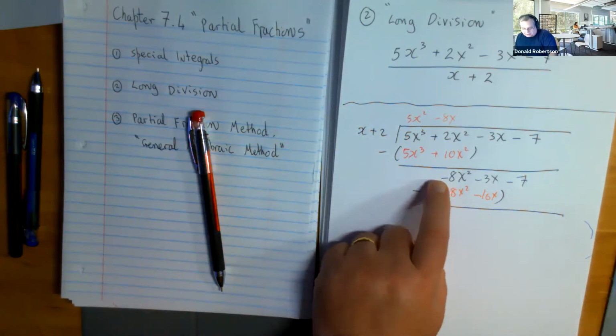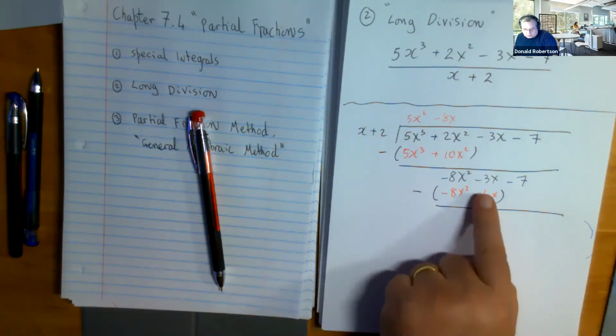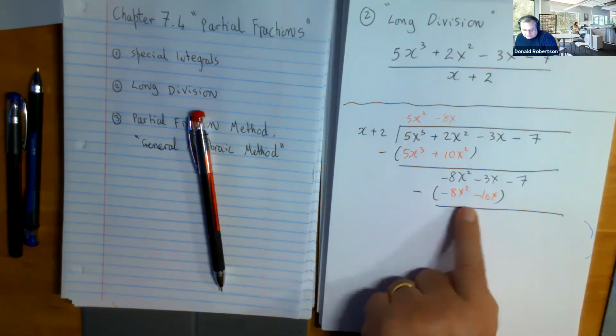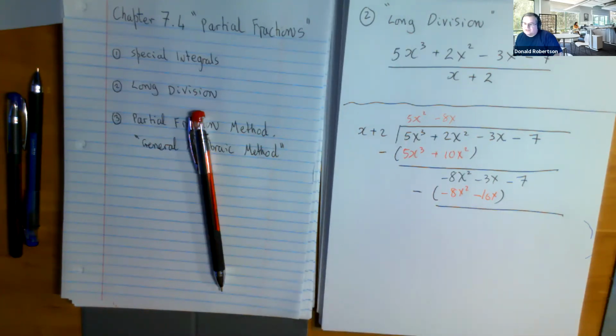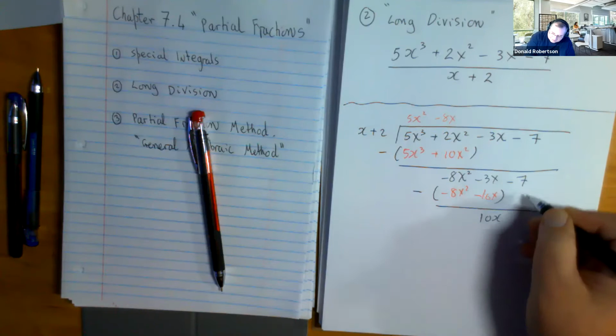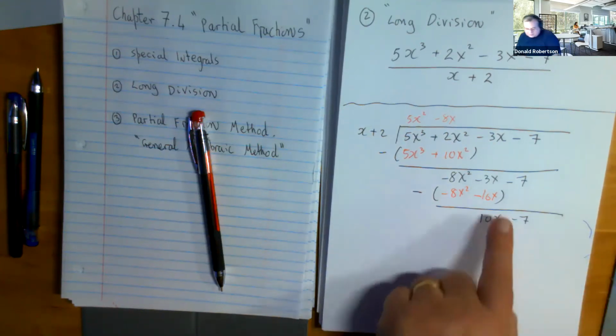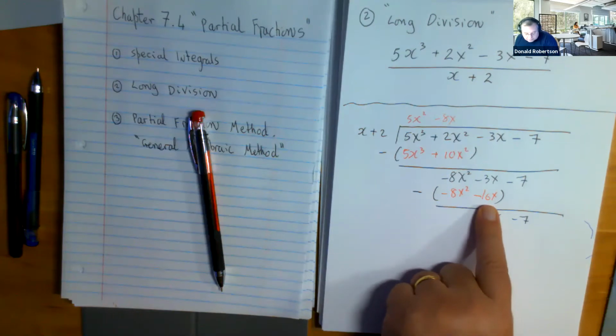Negative 8x squared, subtract negative 8x. Isn't that adding 8x so they kill each other off? Bit messier the next one. Negative 3x, subtract negative 16x. That is negative 3x add 16x. That ends up being positive 13x, and then that guy's there.